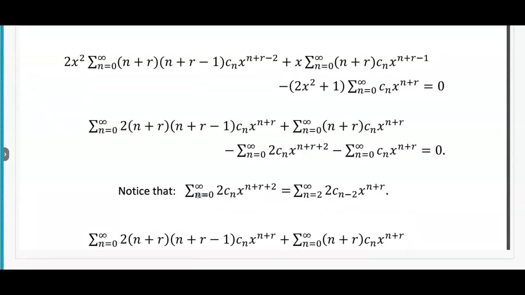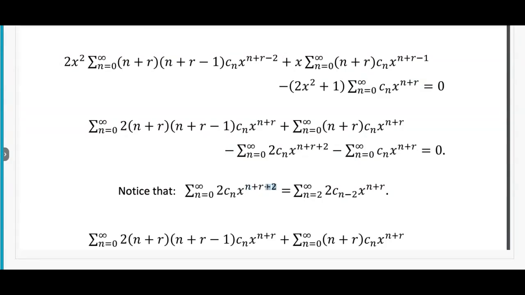Now n equals 0, we have r plus 2. We want to start at n equals 2, which means you could think k equals n plus 2.